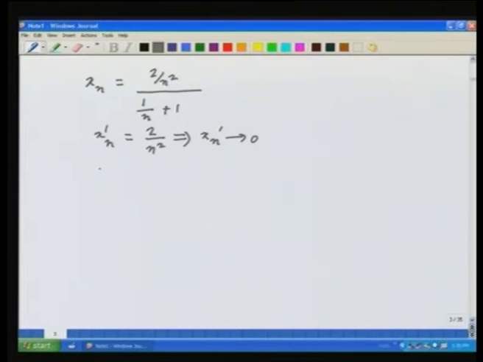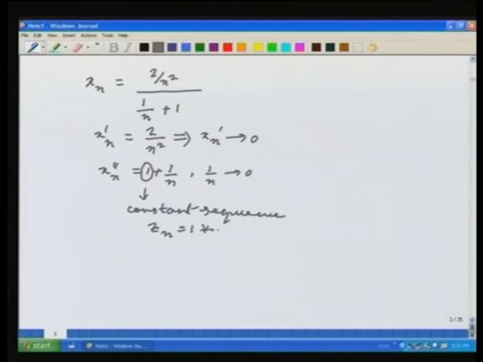Well, what about 1 by n plus 1? I call this sequence x n double prime, which is 1 plus 1 by n. Notice that I already know that 1 by n converges to 0. Then think of this 1 as the constant sequence 1, that is, it is given by z n equal to 1 for all n.